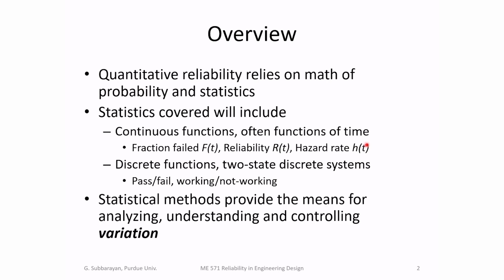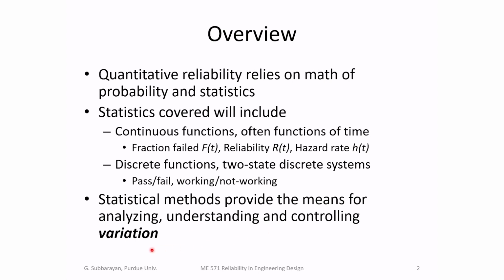So we will start with basic definitions of probability. We'll go through basic probability rules. Next, we will do conditional probability before we go on to continuous random variables, expectation and variance, and so on. For our purposes, statistical methods provide the means for analyzing, understanding and controlling variation.